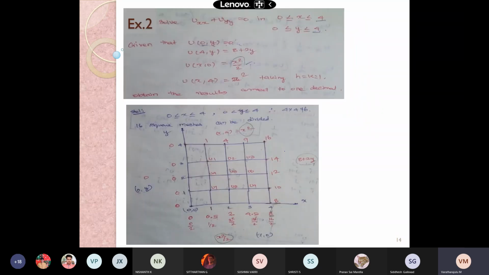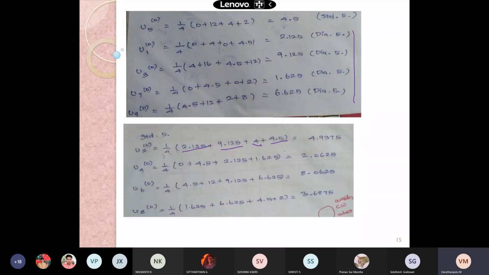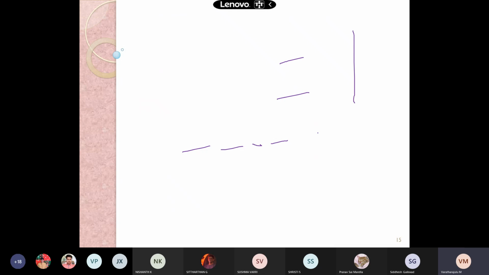Now you tell me, Pranav, U6 can be calculated with U5, U3, 12 and U9. Our U5 is 4.5, 12 is the numerical term, and then there are two terms, one is U3 and the other one is U9. So U3 is 9.125 and our U9 is 6.625.